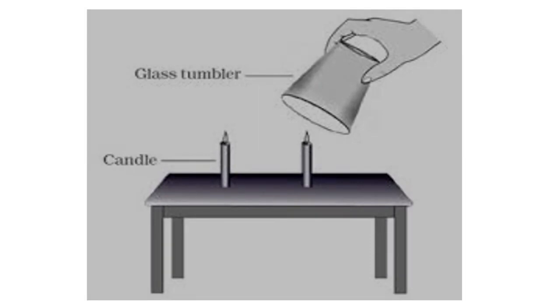This is how we are supposed to place two candles on the table and invert a glass tumbler over one of the burning candle.